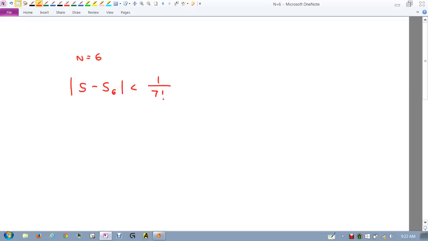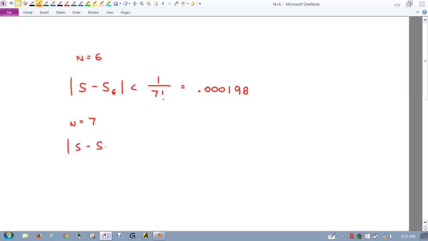Who's got that? It looks like tenths, hundredths, thousandths, we have 0, 0, 0, right? Let's just go n equals 7 just to confirm.